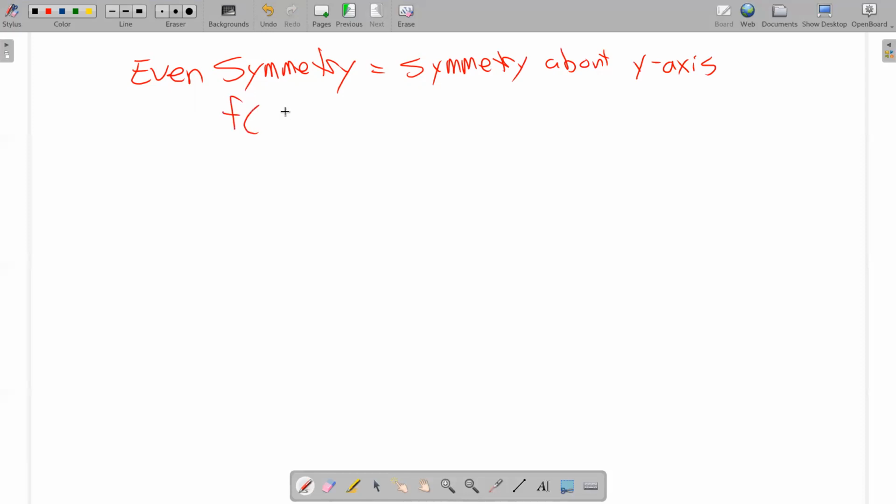And the definition there is it doesn't matter whether you plug in a negative x or a positive x, you're going to get the same result. A classic example of even symmetry is y equals x squared, because it doesn't matter whether you square a positive or a negative number, you're going to get the same thing, right? So if I plug in a negative x there, that's negative x times negative x. Negative times a negative is a positive. x times x is x squared. The negative disappears. That's the idea of even symmetry.